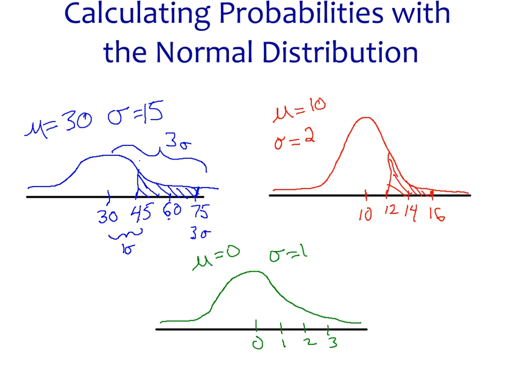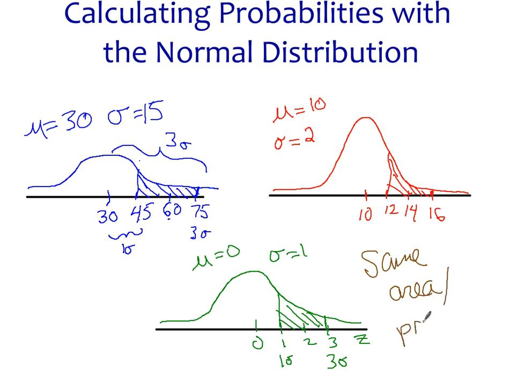But that's the same as going from 1 to 3 in the standard normal. Because for the z variable, 1 is 1 standard deviation above mu, and 3 is 3 standard deviations above mu. So all 3 of these shaded regions have exactly the same probability. These are all the same area.